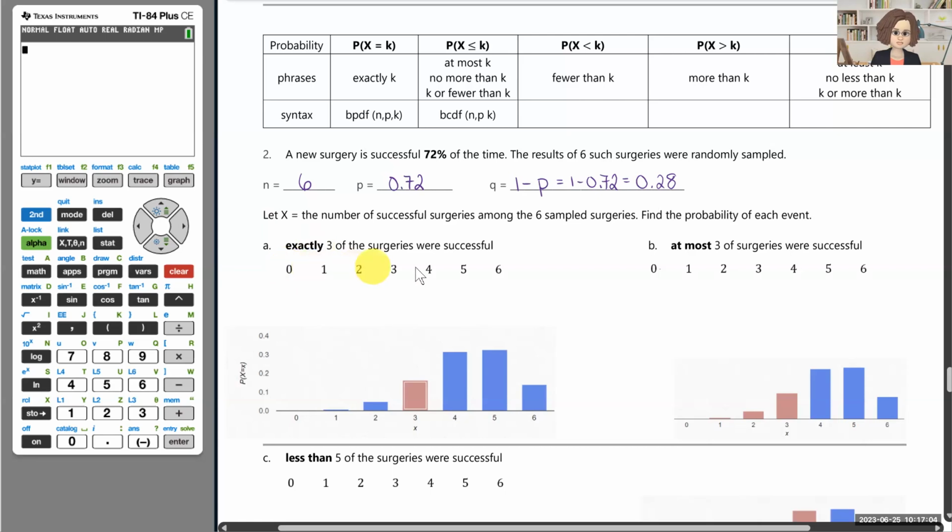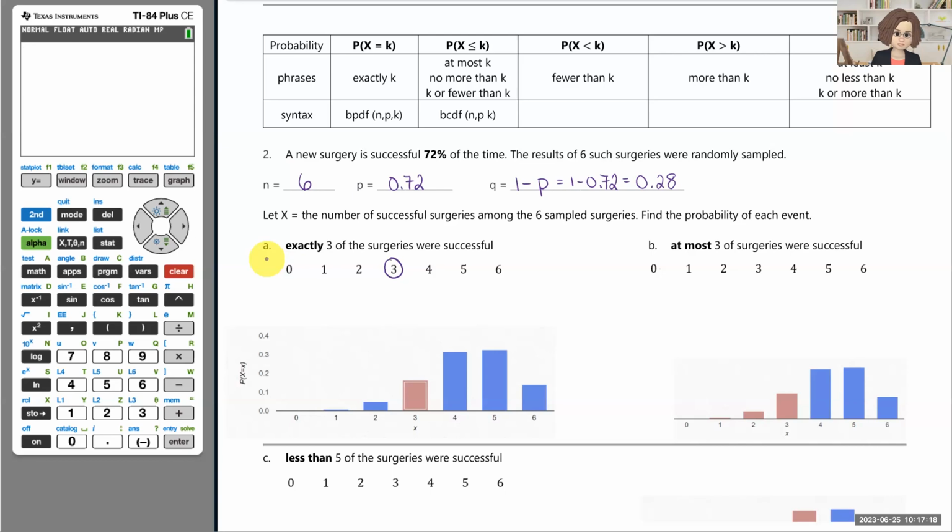So I wrote the possible values of X here. So it'd be possible none of the 6 were successful, or exactly 1 was successful, or 2, etc. And we're looking for 3. So I'm just going to circle that one. So in the exact case, this is the probability that our variable X is equal to that value, 3.